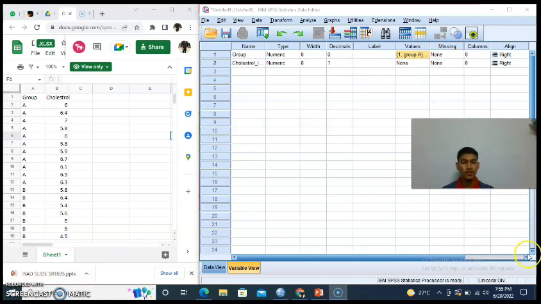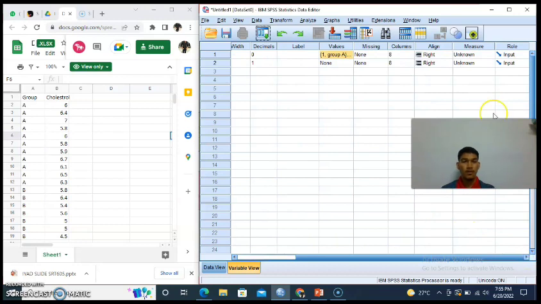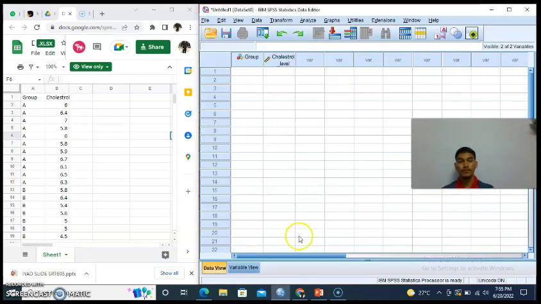Next, we proceed to measure. For group we choose nominal, and for cholesterol level we choose scale. Okay, next we move to the data view.